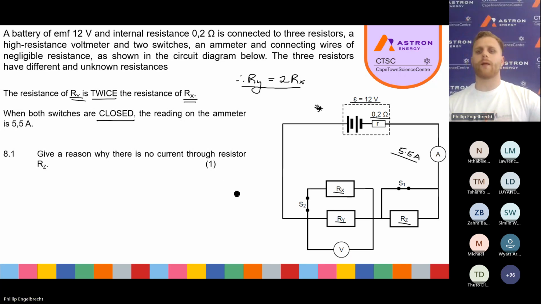Remember, my current is going to take the path of least resistance. The path in which S1 is situated has basically zero resistance. So I've short-circuited over here, which means there is absolutely no current which goes through resistor Z. It just skips this path and goes here, so I can completely ignore resistor Z. I just have two resistors in parallel in my circuit for this situation.